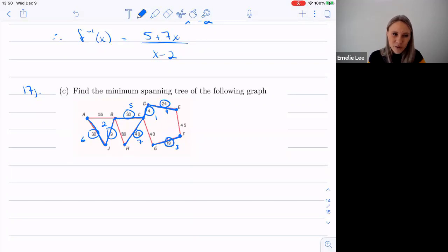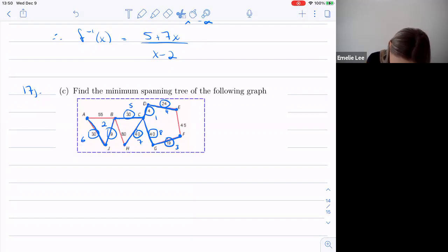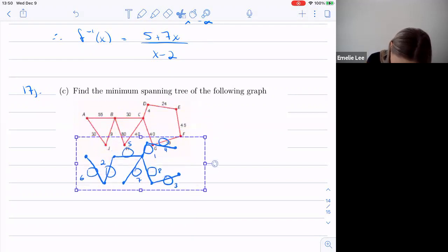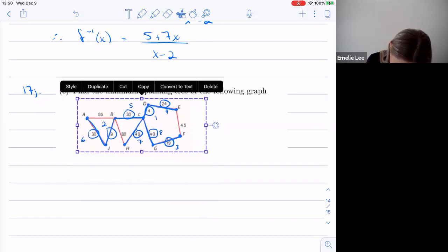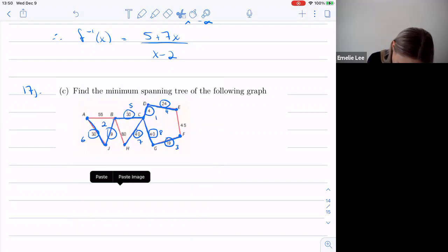And then the last 40 gives me a minimum spanning tree, 8. Because now they're all connected, right? Going like this, but no circuits or cycles. Hey, check this out. Or maybe what I'll do is instead copy.